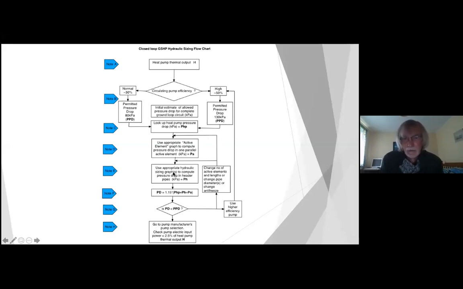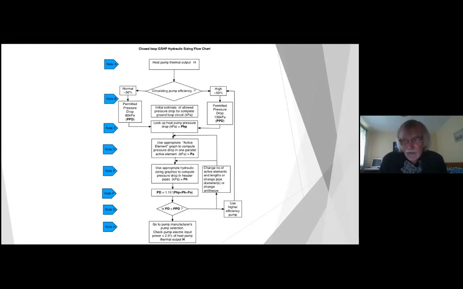You use a pressure drop tool or spreadsheet to actually compute the pressure drop in that one loop, at your given flow rate with your antifreeze. So you then add these 3 elements together. You will add your active element, your header element, and your heat pump pressure drop.